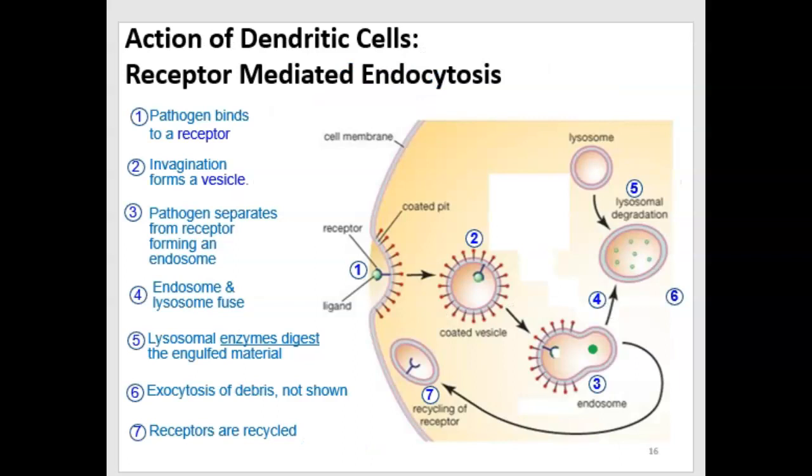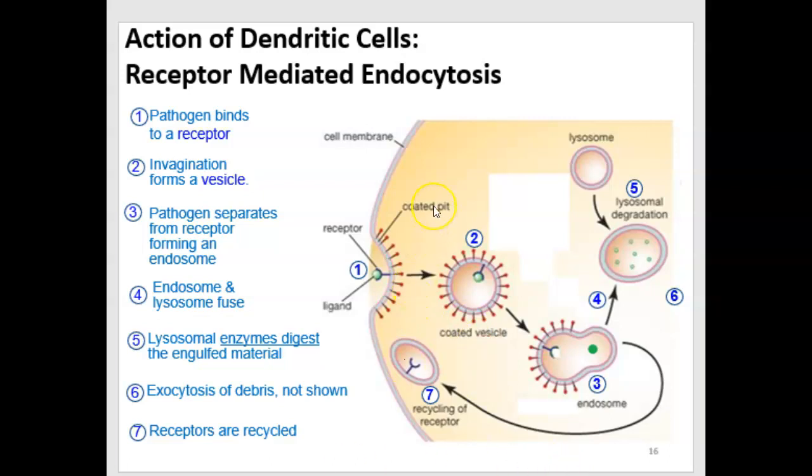Dendritic cells work a little bit differently, I guess. I don't know if it's that important that you understand completely, but I do want you to realize that a pathogen that's recognized by a dendritic cell will bind to a receptor on the dendritic cell.